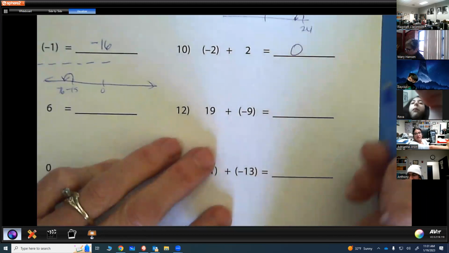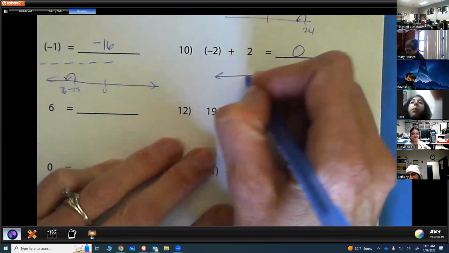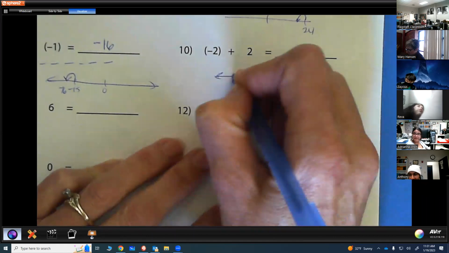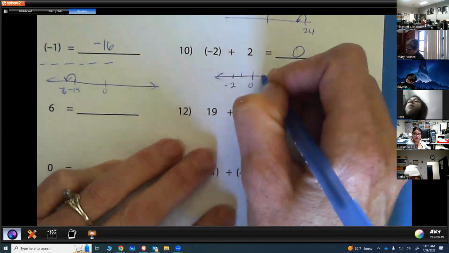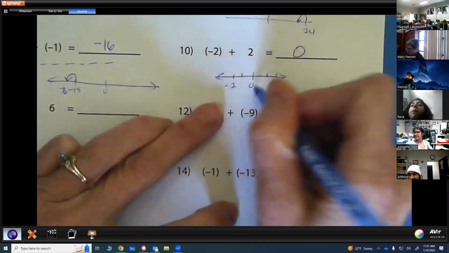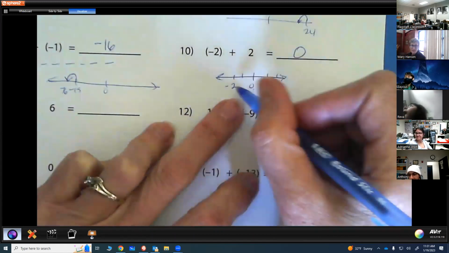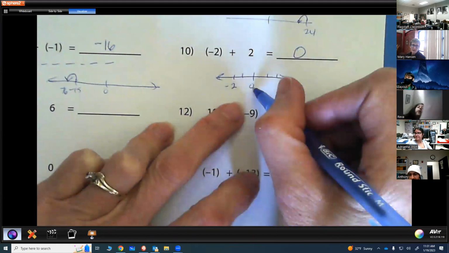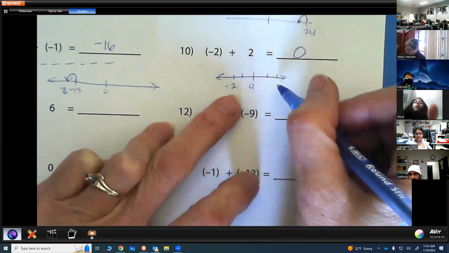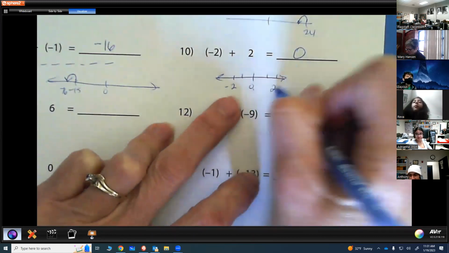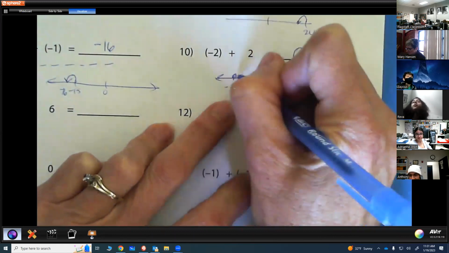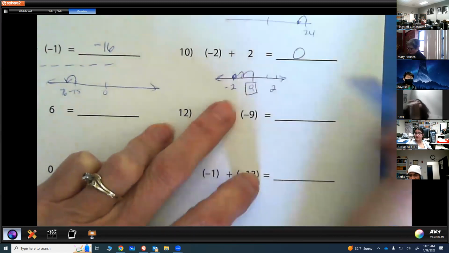Yep. And so if you're using the number line, you got to make sure you do have a 0 in there. When I sketch my number lines, I don't always write in every number, but I always put 0 and then a few numbers on the left and a number or 2 on the right. So if we start here, we jump 2 spaces and we do get to 0.